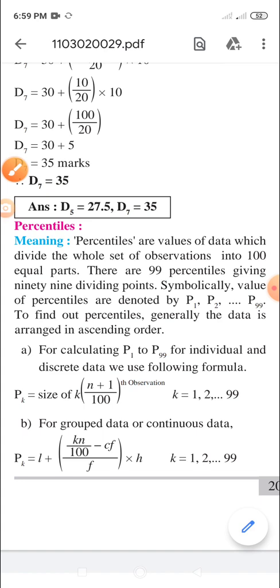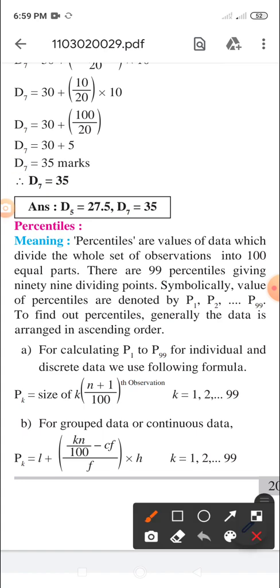L stands for the lower limit of the percentile class. K, again in place of K we write the percentile which we want to calculate, that is first percentile, second, third, fourth, fifth up to 99th percentile, into n upon 100.